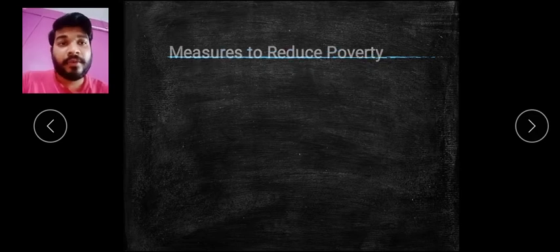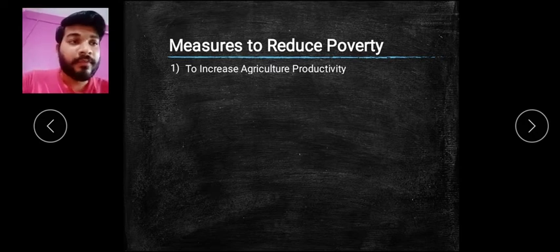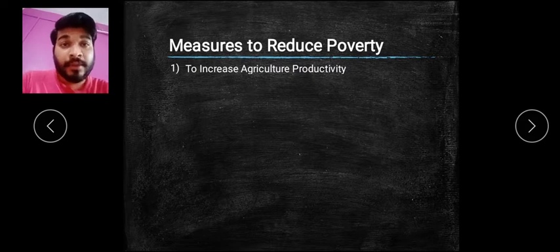There are many measures. The list we find is: first, to increase agricultural productivity, because 70% of people live in villages and their occupation is mostly farming.